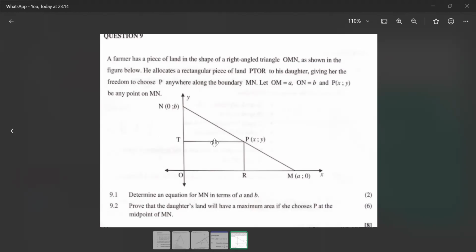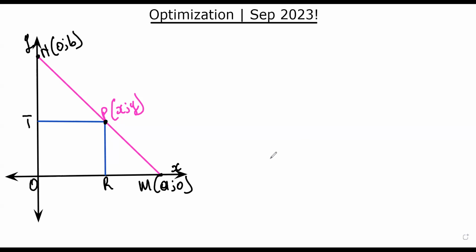Well, one thing we understand is, since MN is a straight line, we need to know two things in order to find its equation. We need to know the gradient, and we also need to know the y-intercept, all right? Well, the y-intercept is already given to us, having the coordinates 0 and b.